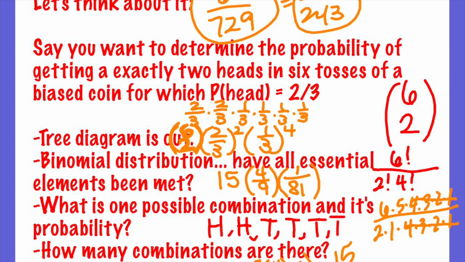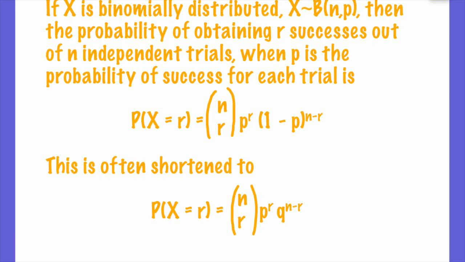All of this, if you did a tree diagram, God, it would have taken you too long. That's why you use binomial distribution in these types of situations. All of this can be simplified down into these formulas right here.